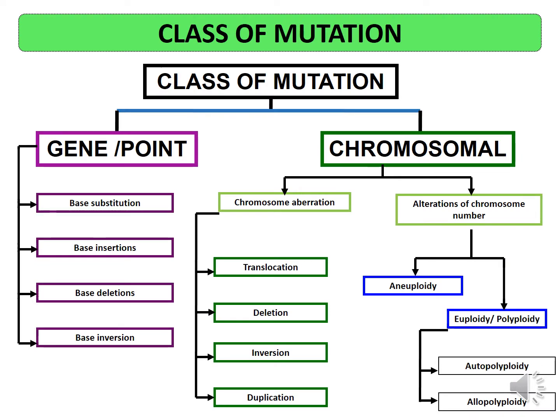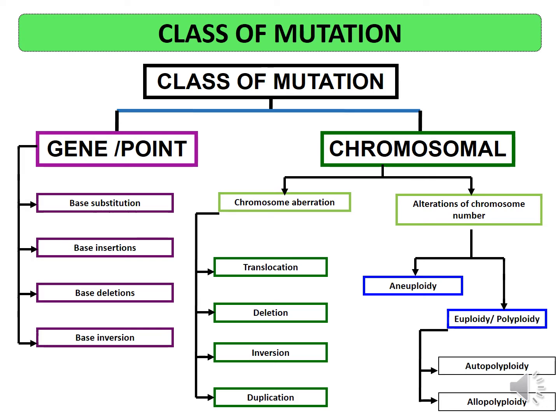These are the classes of mutation. We have gene or point mutation and chromosomal mutation. Under gene mutation, we have base substitution, base insertion, base deletion, and base inversion. Whereas under chromosomal mutation, we have chromosomal aberrations and alteration of chromosomal number.